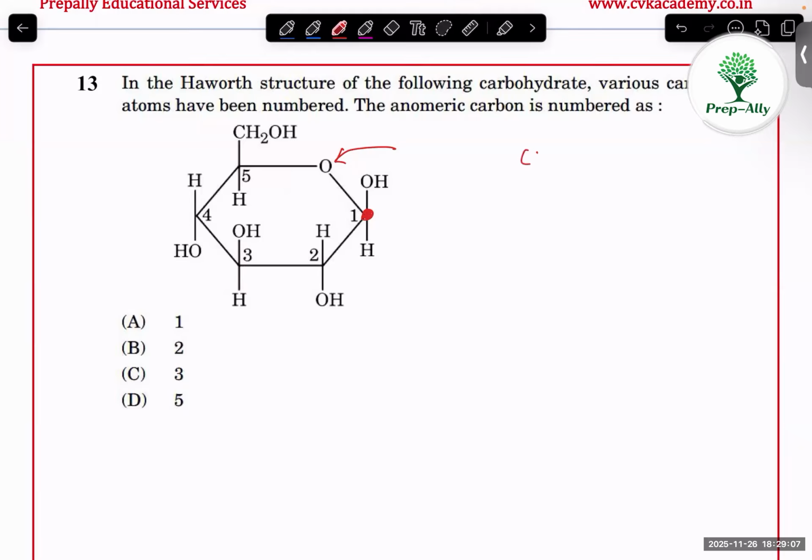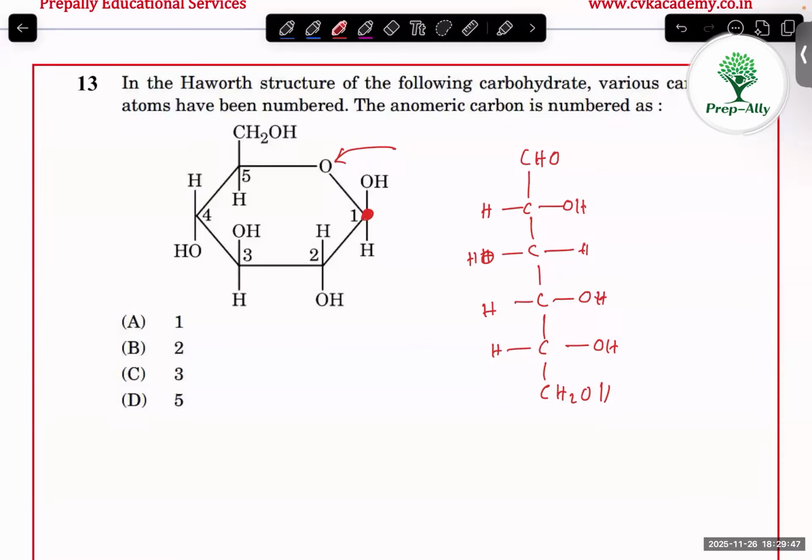First carbon, if you remember the structure, is CHO, then CHOH, HOCH, CHOH, CHOH, and finally CH2OH. This is the open chain structure of glucose.